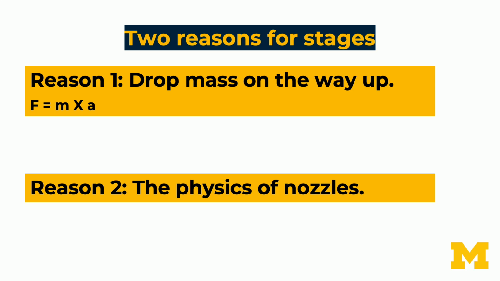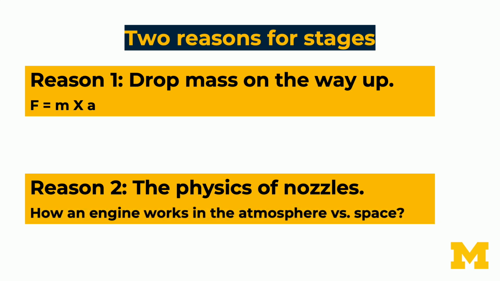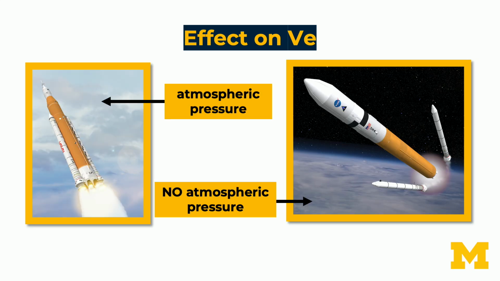Reason number two is the physics of nozzles. The nozzles actually help us work differently in an atmosphere versus in space. If you look at a rocket working in an atmosphere, the plume of the rocket exhaust, the stuff coming out of the nozzle, when it goes off the launch pad, is pretty confined.